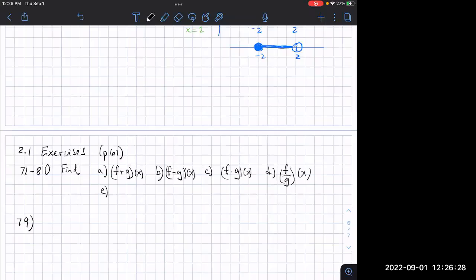Because now E is F plus G of 3, F is F minus G of 4, G is F times G of 2, and H is F over G of 1.